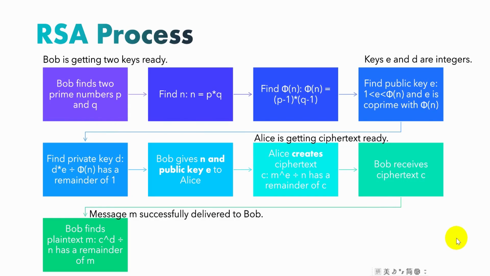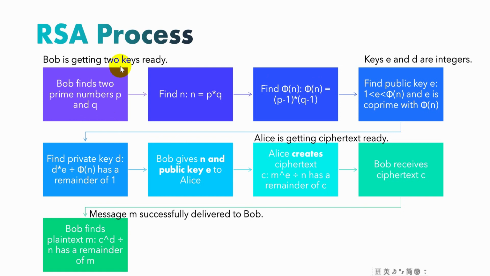Now let's look at the RSA process. RSA is the most popular type of asymmetrical encryption at the moment, and it is really secure. So at first, Alice wants to send a message to Bob, and Bob is getting the two keys ready.